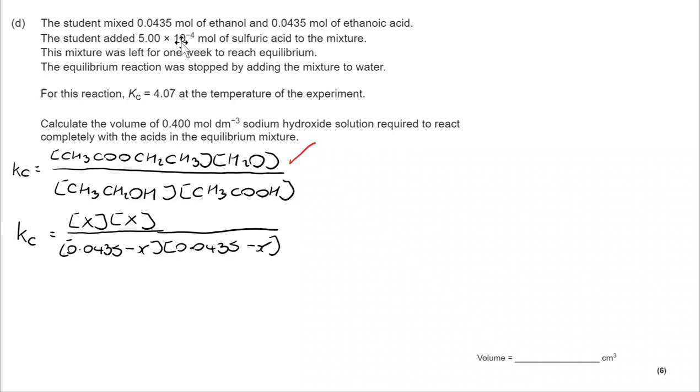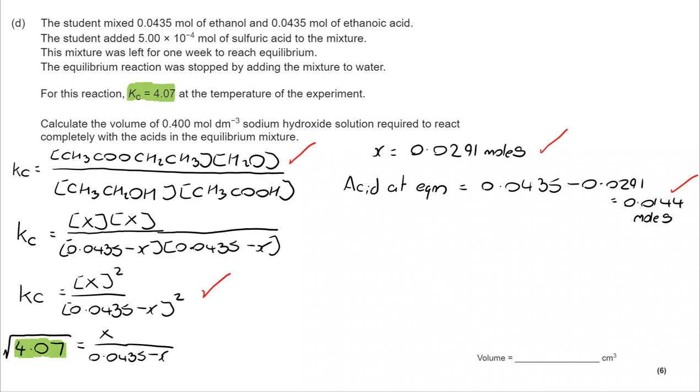Similarly, the molar ratios can be carried forward, that if I've made x moles of ethyl ethanoate, then I've used x moles of ethanol and ethanoic acid. So they become 0.0435 take x of ethanol, and 0.0435 take x of ethanoic acid. You can see it's one of the more complex questions within this topic. Where do we go next?